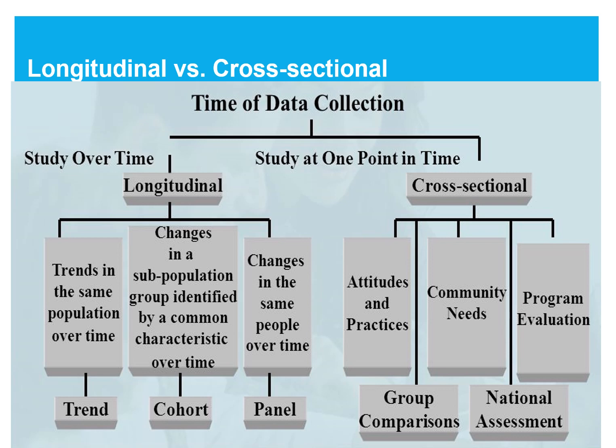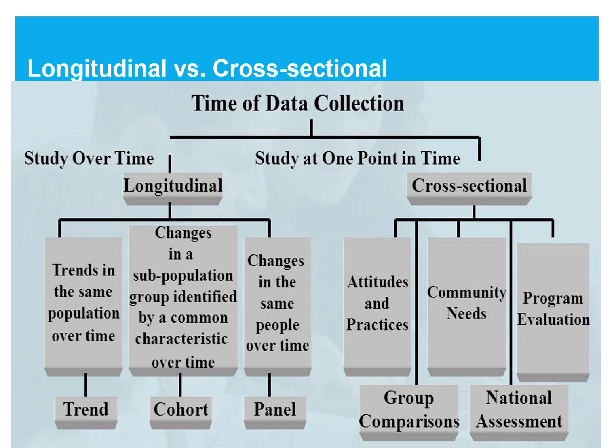Or it could be a cohort, where changes in a population group identified by common characteristics are studied over time, or a panel, with changes in the same people over a period of time.